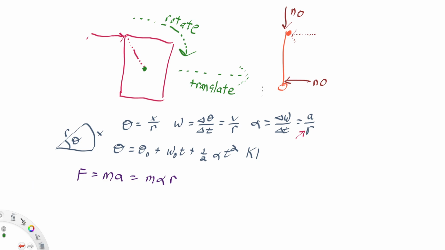So if we drew a line from the point of rotation to the point where we applied the force, we need that line to not be zero length, because if you're pushing on the hinges, the door does not open. We also need the force we're exerting to be perpendicular to that dashed green line there. If it's parallel to that dashed green line, the door doesn't open. If it's perpendicular, it does.